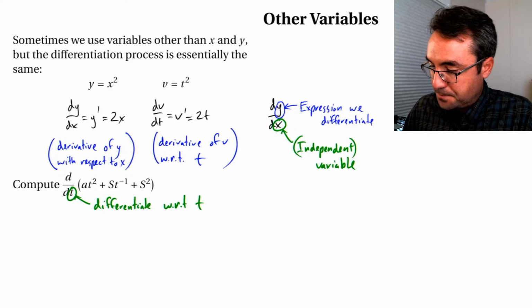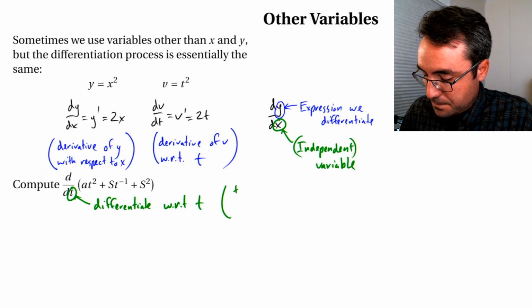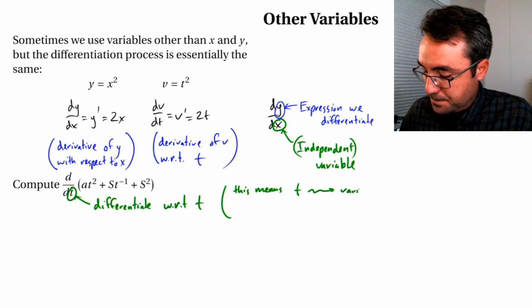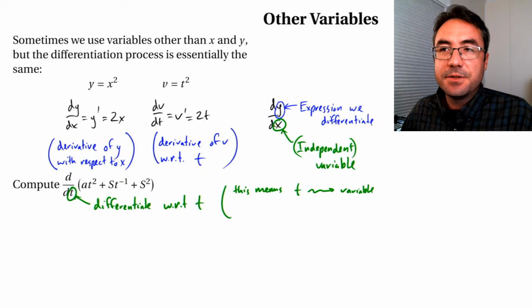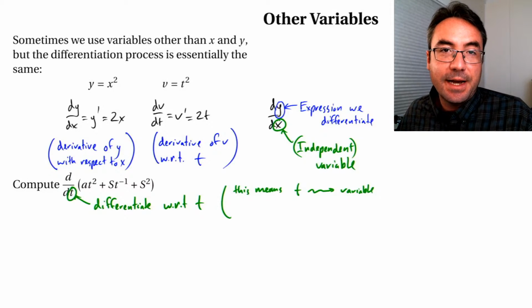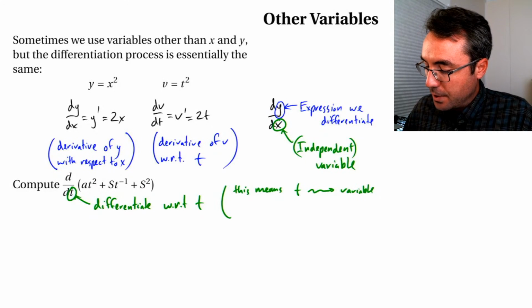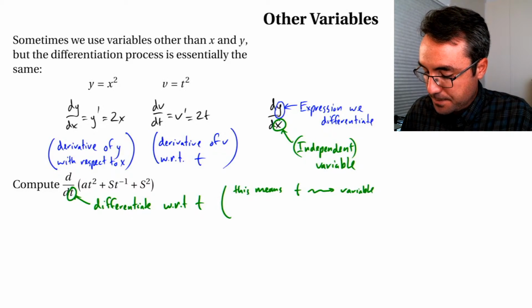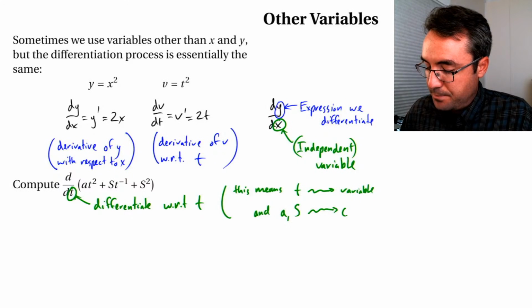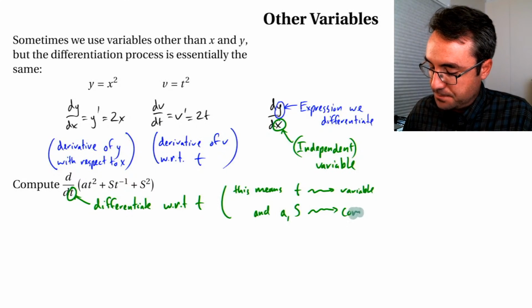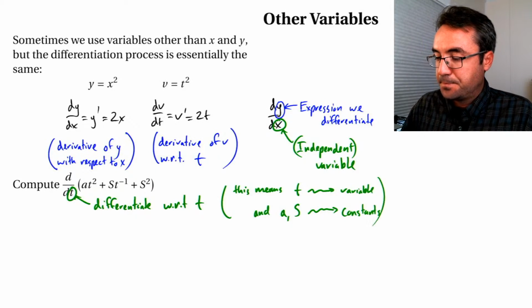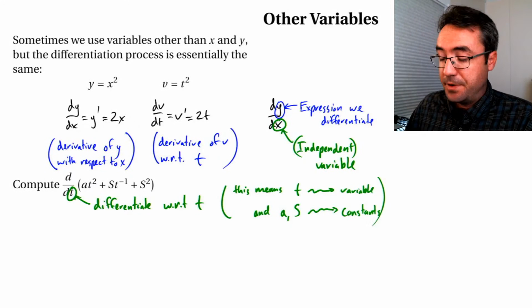So what does that mean? It means t is our variable. And then any of those other letters that we see, we're just going to treat them like constant terms, just like we would if it was explicitly a number. So the a that we see and the s, those are just going to be treated like constant terms. All right, so let's do this derivative.